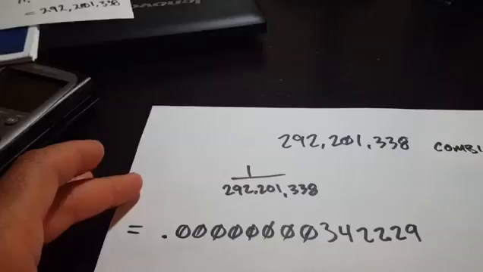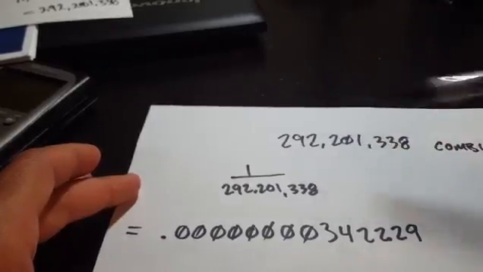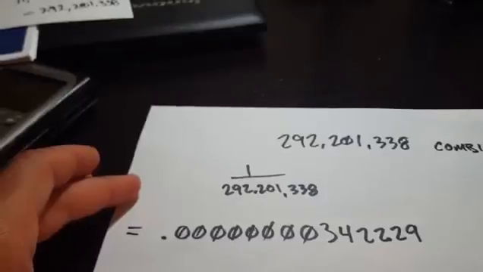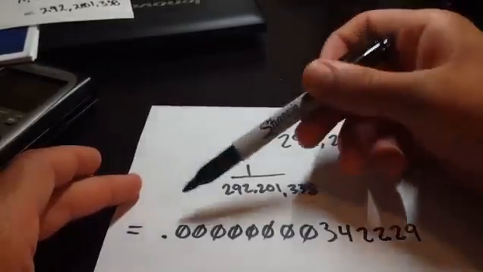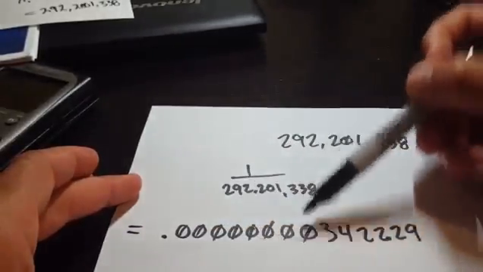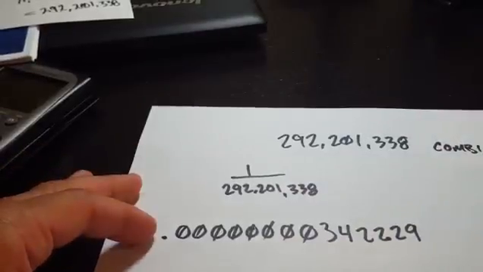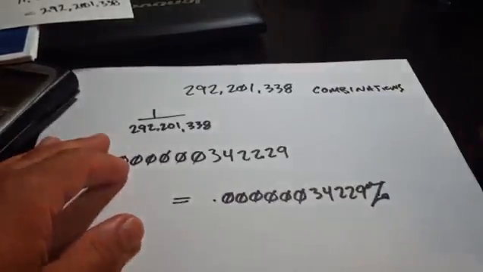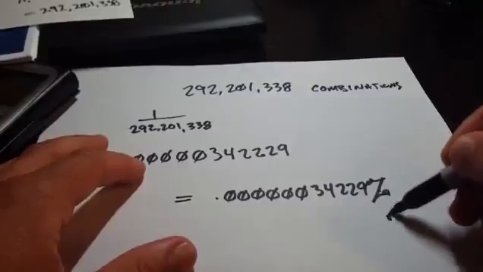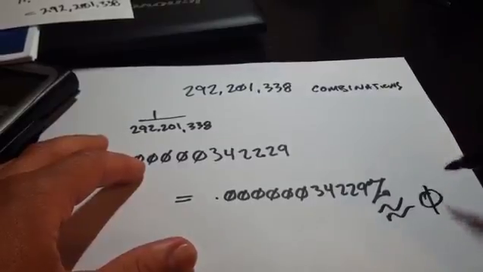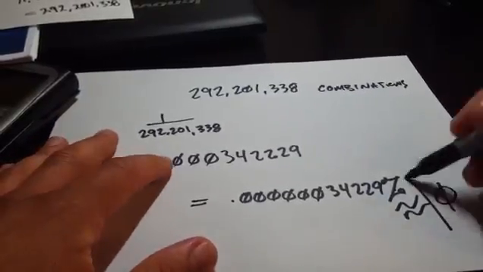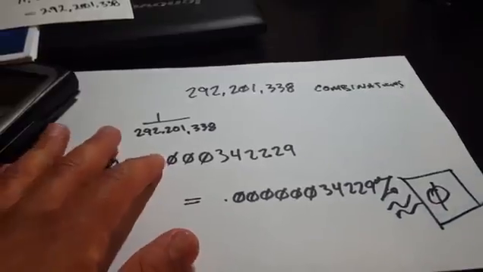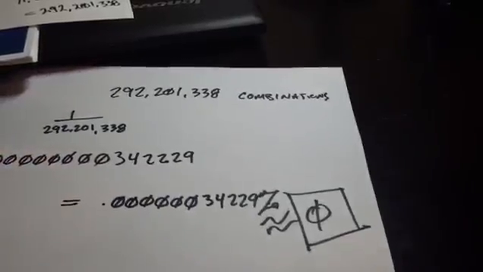That's scientific notation. One second, I'm going to write it out. So you can see 1 divided by that 292,201,338 is 0.0000000342229. To get your percentage, you times that by 100, and well, this number is approximately 0. So your odds of winning Powerball are right there, 0.0%. That's your odds of winning the Powerball.